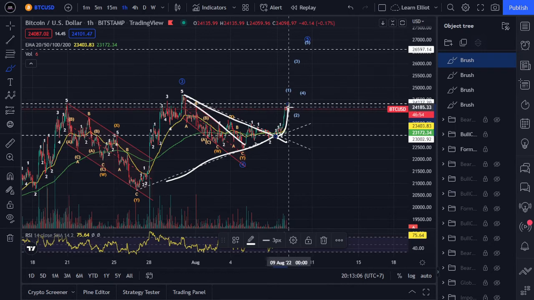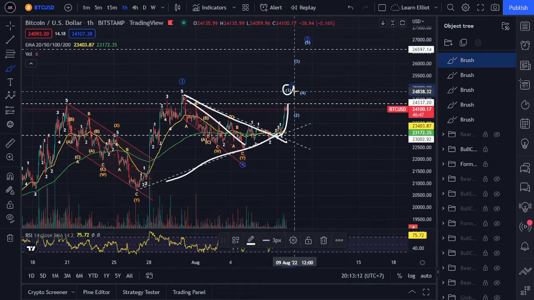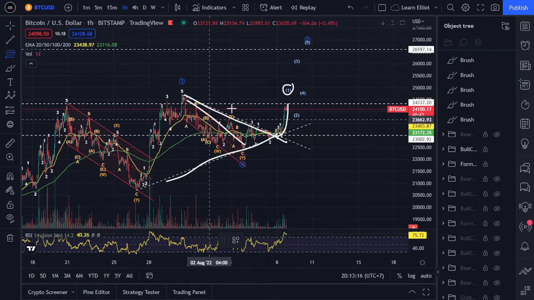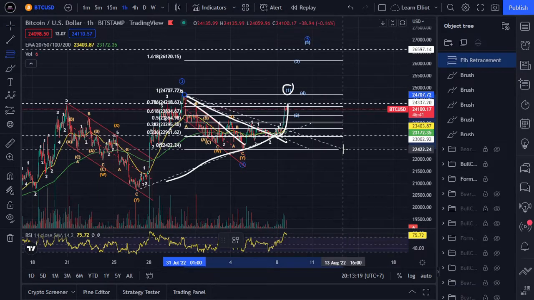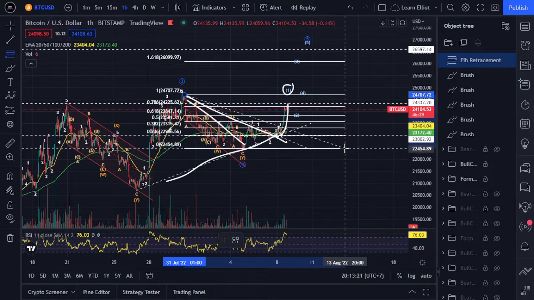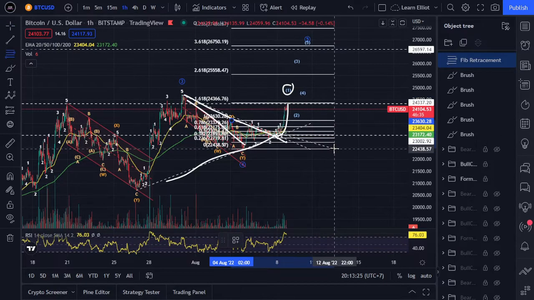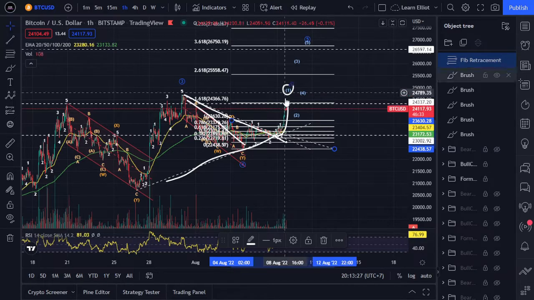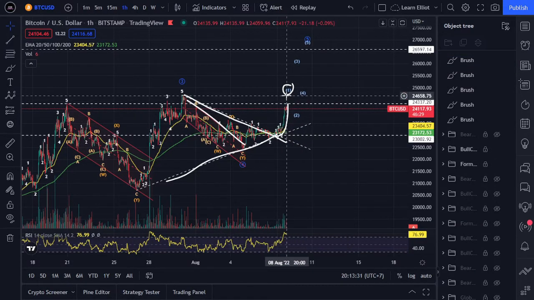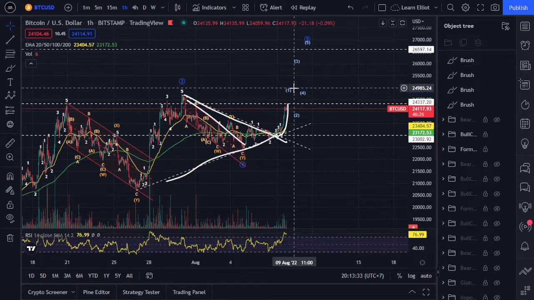And if it's able to break it, maybe the price will move to this first wave here that I made around 24.8, which is the 1.618 Fibonacci retracement from this Y to this. So yeah, that's the bull case scenario in the lower time frame.